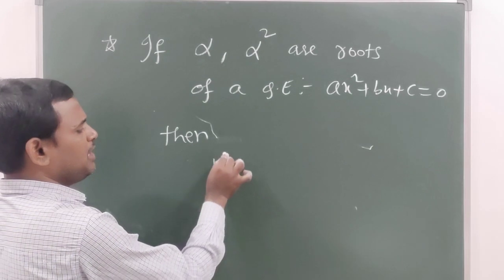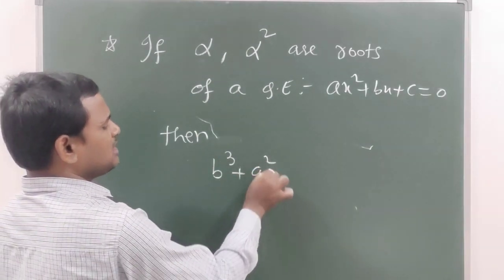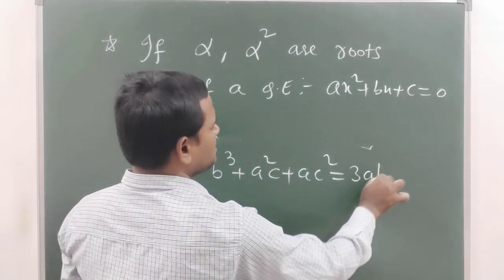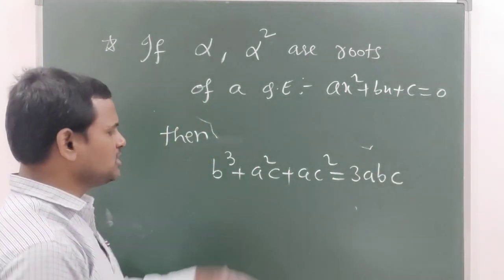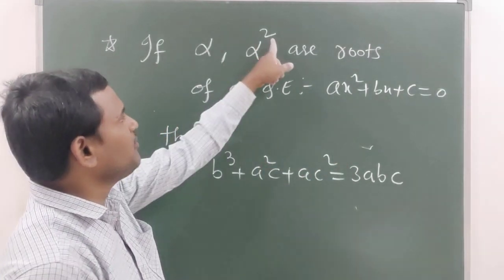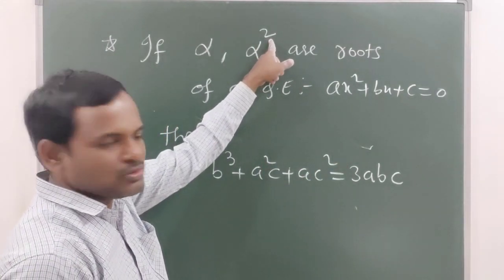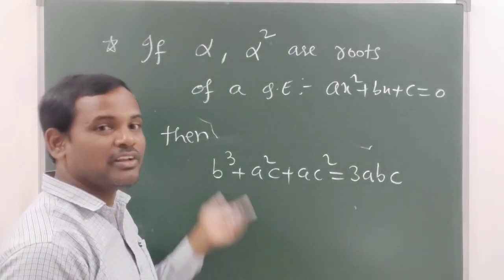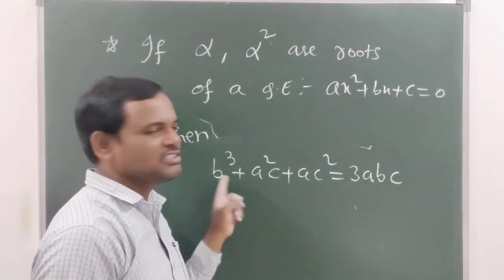Here b cube plus a square c plus ac square is equal to 3abc, we will get. This relation we get from the earlier one. In the place of n we wrote 2, so finally we got one relation. In that relation, if you write n equal to 2 and simplify, you get this relation.